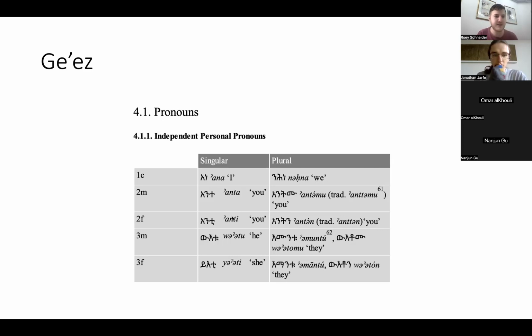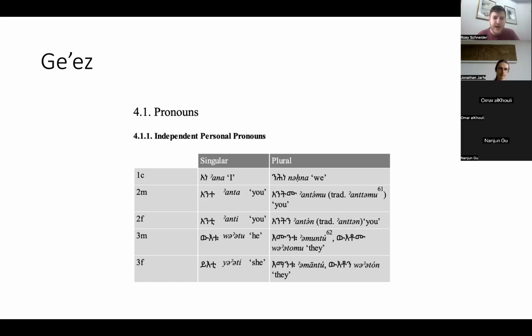Anta and anti, that's just exactly what we would expect. Antamu and antin, pretty much similar to what we would expect. I think I already mentioned that these languages usually don't need more than one or two ways to distinguish the different genders in the pronouns.